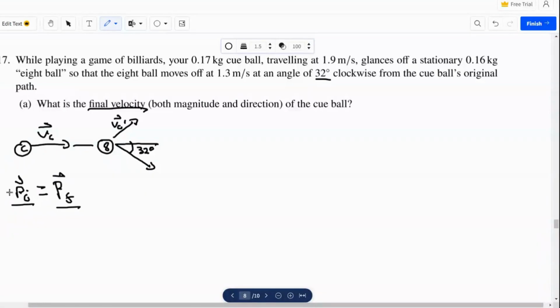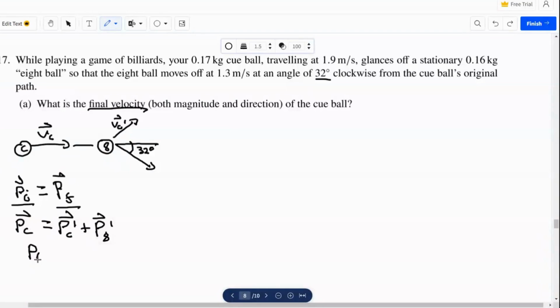So we can directly write this down: PC equals the final momentum, which is both the momentum of the cue ball after the collision and the momentum of the 8 ball after the collision. So PC equals PC prime plus P8 prime. We're solving for the final velocity of the cue ball, so that means we need to solve for PC prime.